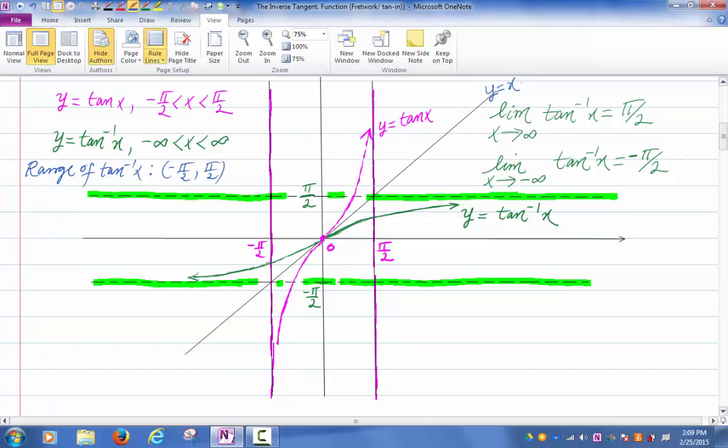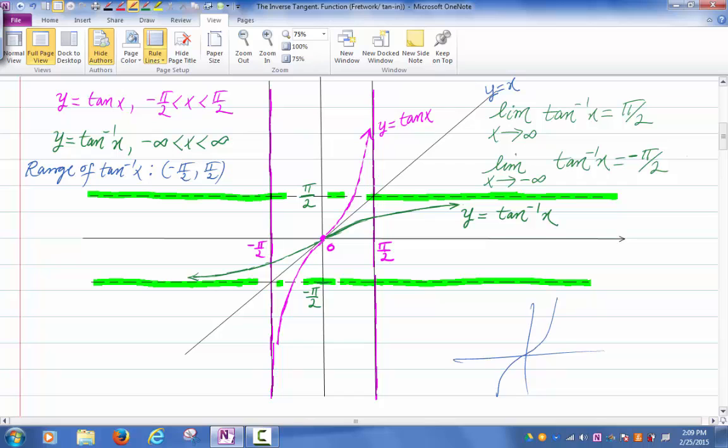How do I know that? Can someone tell me how I know that the line y equals x is the tangent line to the graph of the tangent function at 0? I know the graph of tangent is like this, right?